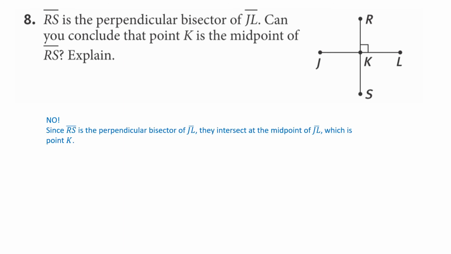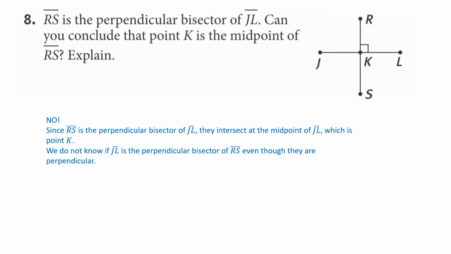But why? Since segment RS is the perpendicular bisector of JL, we know that they intersect at the midpoint of JL. That's important. Because RS is the perpendicular bisector, not JL. RS splits JL in half at point K. We don't know if JL is the perpendicular bisector of RS, though.